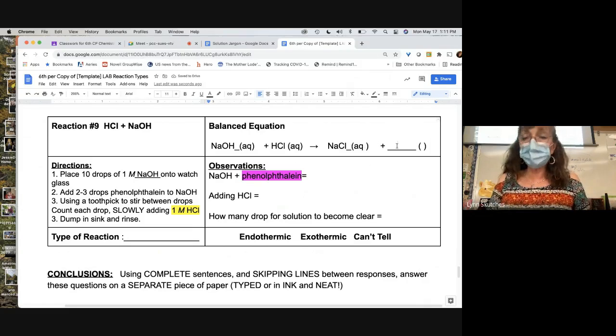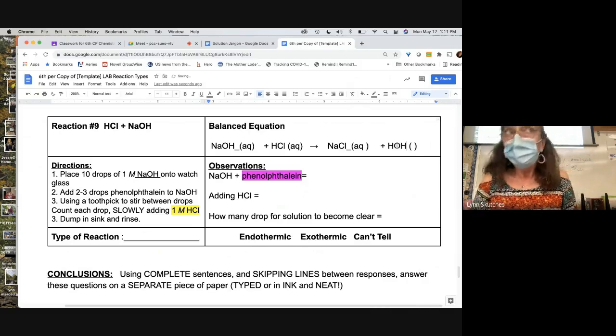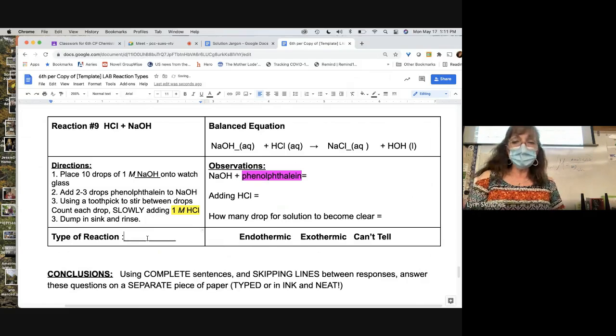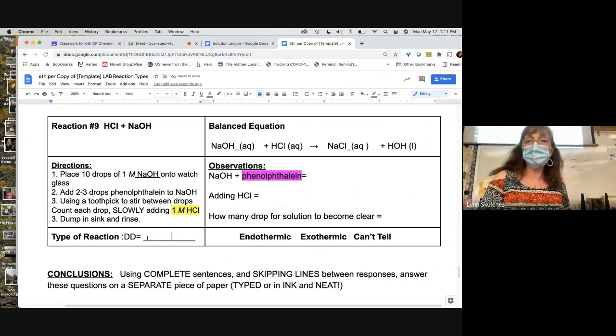And the hydrogen from the acid goes with the hydroxide from the base to make HOH. What's that? Water. So you got salt water. So this is a special kind of double displacement. What kind of double displacement is it? Has a special name, acid and a base making salt and water. I'll let you look it up.